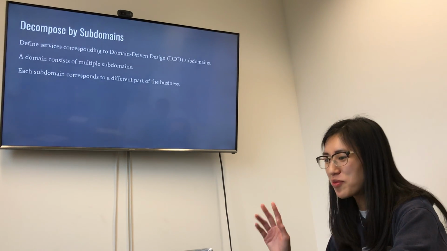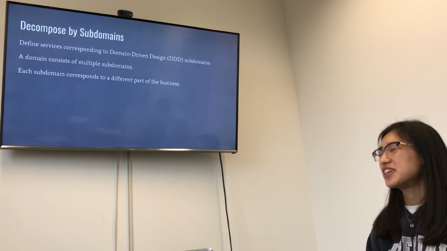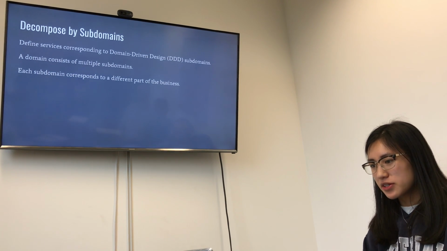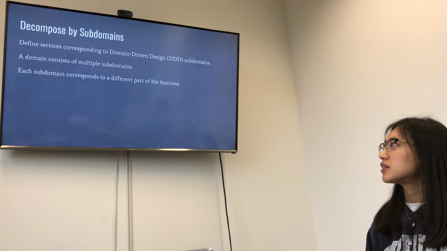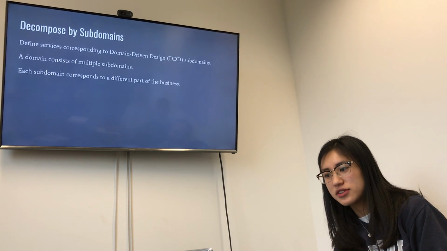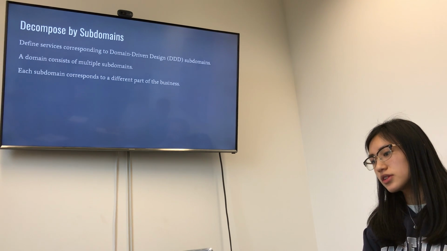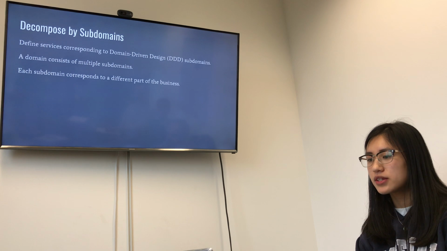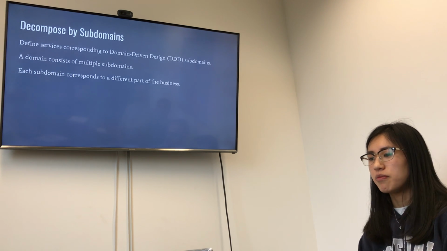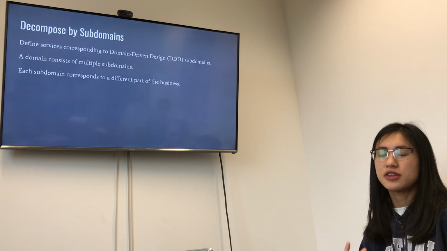And a bit more of a fun one, which is very difficult to do, is decompose by subdomains. How this is different is we define services corresponding to domain-driven design subdomains instead of business requirements. A domain is the problem space, i.e. the sphere of knowledge, which some people might consider as also the business.